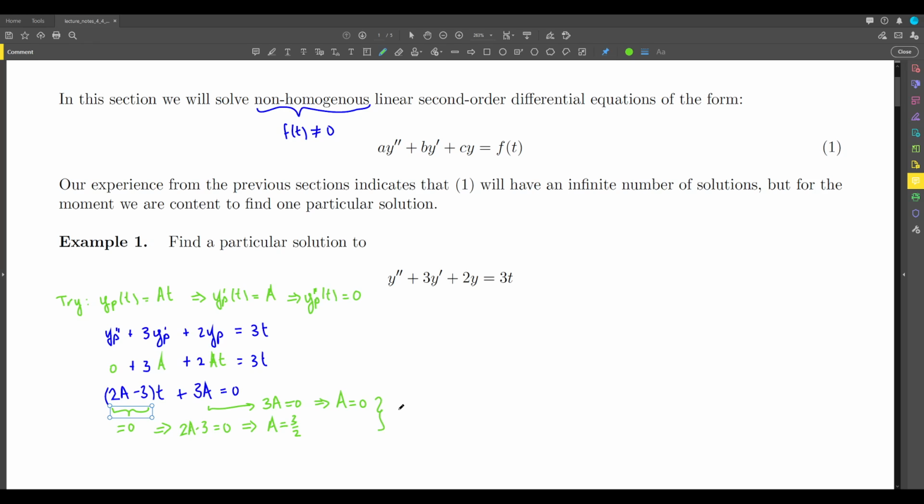Now, this is a contradiction. This cannot happen at the same time. So our try did not work. yp(t) = at is not a solution.